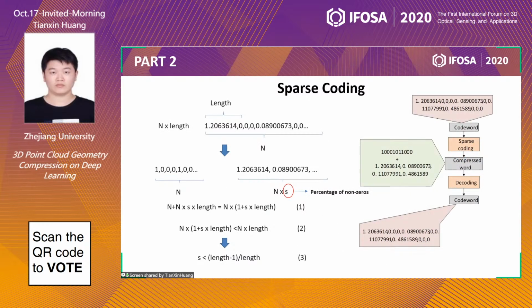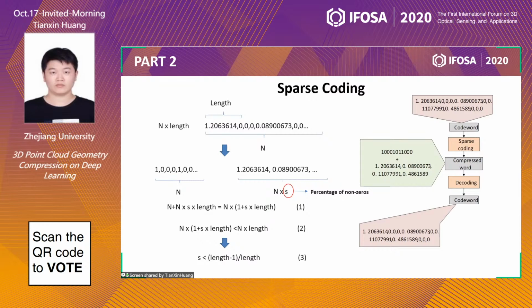Sparse coding, as I said just now, is simple and used together with the sparse constraint in the loss function to improve the compression ratio further. It means to record positions of non-zeros in the code word by encoding these positions into binary format. In this way, a long sparse array can be described with a short non-zero array and a short position record array.